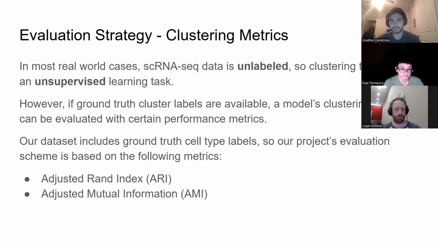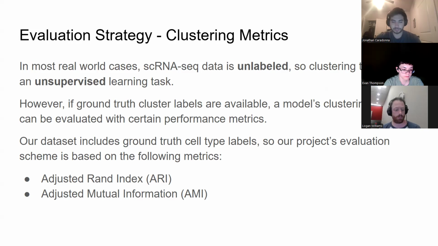Because the model that we're using goes through an unsupervised learning approach, we're going to be using ground truth labels. The data set we're working with has ground truth labels in it. So we're going to be using that to evaluate our model so we can effectively improve and get a good idea of cell clustering.